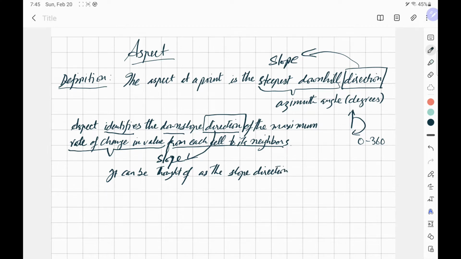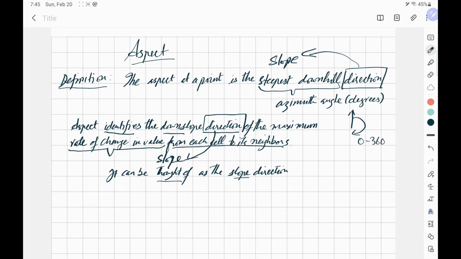Why do we call it thought of as a slope direction? Because this aspect is a mathematical definition. These definitions are actually reflecting the mathematics which are used to calculate the aspect. Now to understand more, let's come to the third definition.